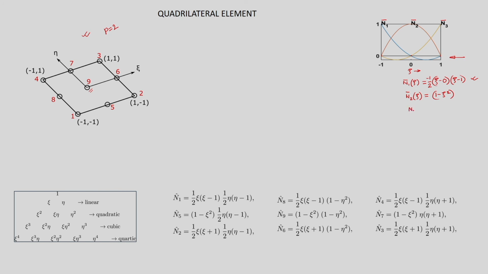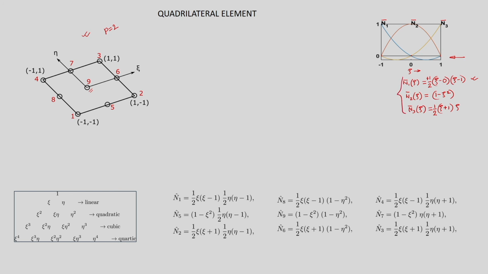Similarly, for n3 bar of xi, it has to vanish at xi equal to minus 1 and at xi equal to 0, so it is xi into (xi plus 1), and it has to be 1 at xi equal to 1. So, that renders half. So, here we have to have it as plus half. Alright. So, please make this correction.